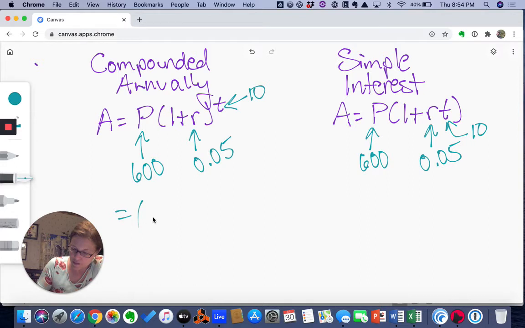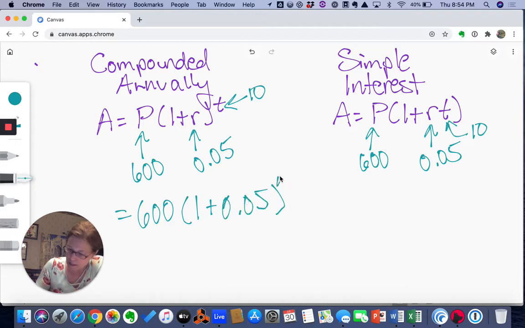So 600 times 1 plus 0.05 raised to the 10 exponent. Now, this is where we need to exercise good order of operations. We need to take care of inside the parenthesis and then raise it to the 10th power before we multiply by the 600.